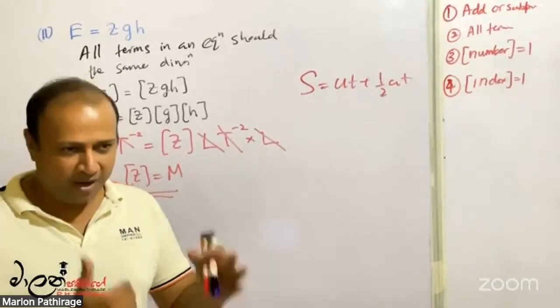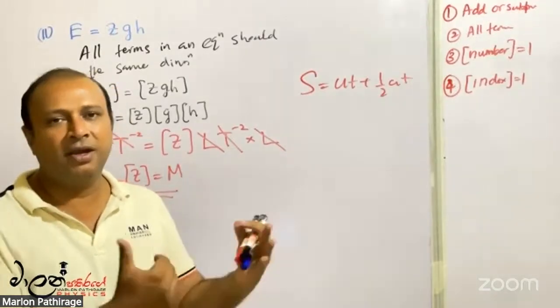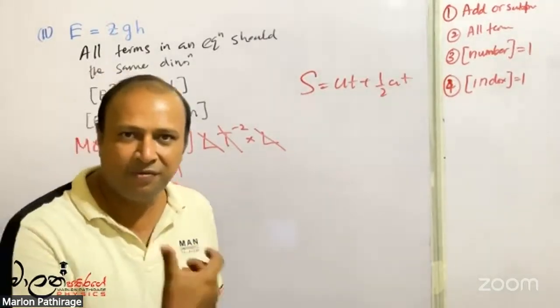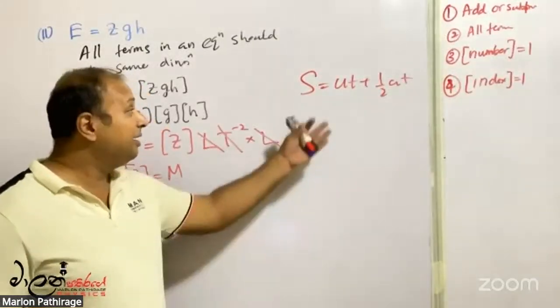You are given a correct equation. So once you are given a correct equation, then you can easily determine the dimension of the unknown physical quantity. Otherwise, you cannot determine the correct dimension.